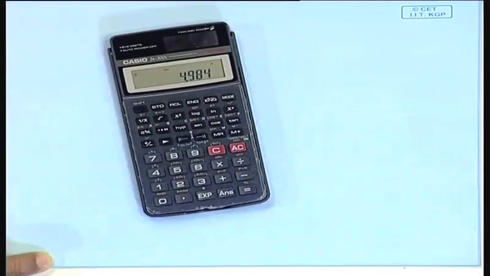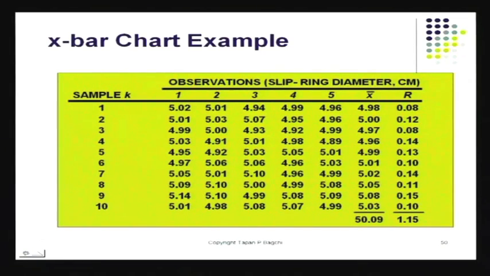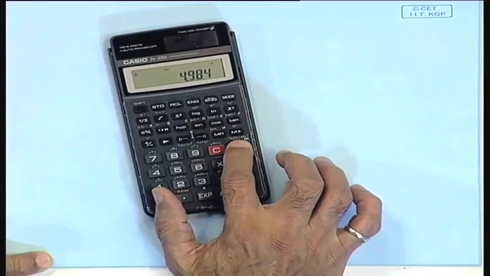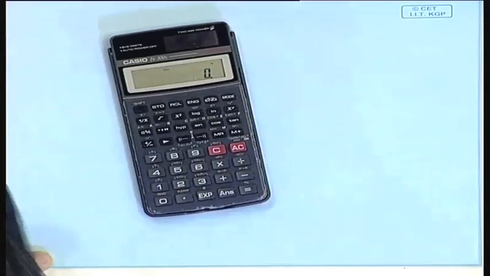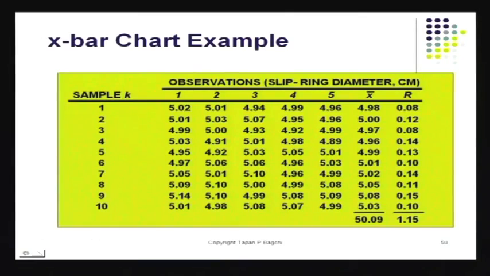What is the quantity there? 4.984. I'm a little more accurate than the table here. The table shows the value of X bar to be 4.98. Let's now find the value of R. How do I do that? I locate the maximum value of X in that sample. What is the maximum value? 5.02, 5.01, 4.94 and so on.